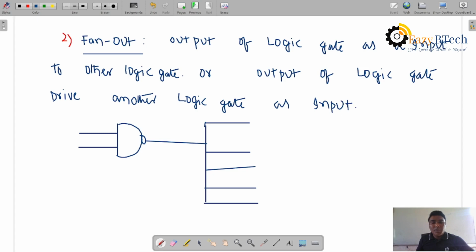We can take any number. So, for example, let us take a NOT gate.